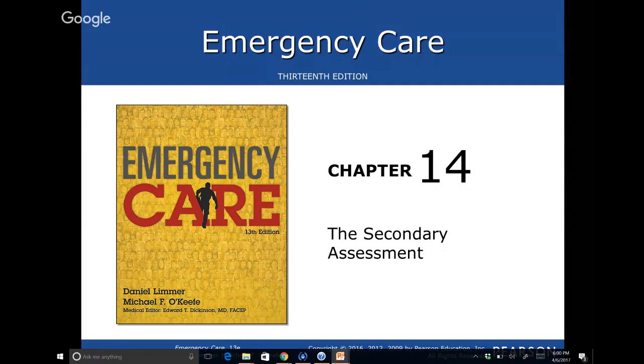So, here is my opinion of the information that's in 14. It may be the longest chapter, and it's a very important chapter, but it is not a hard chapter. It is important that you go through it and understand what you're doing in the secondary assessment.